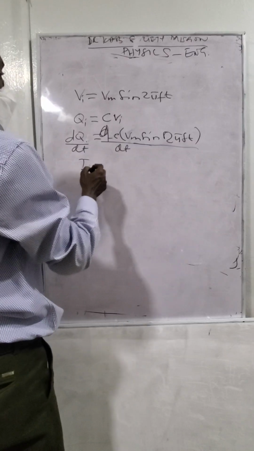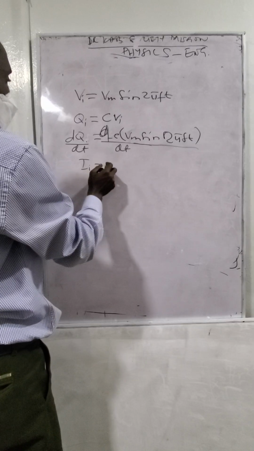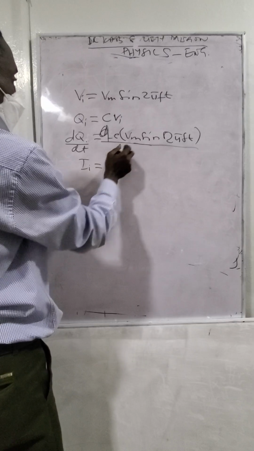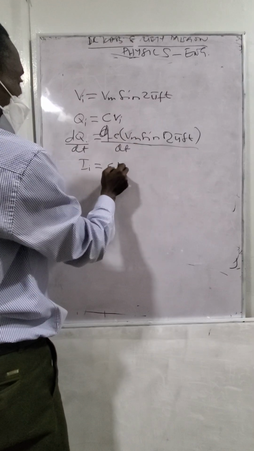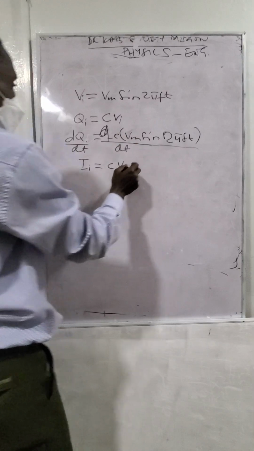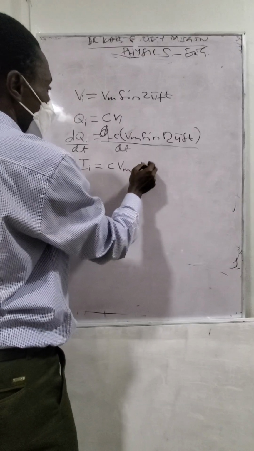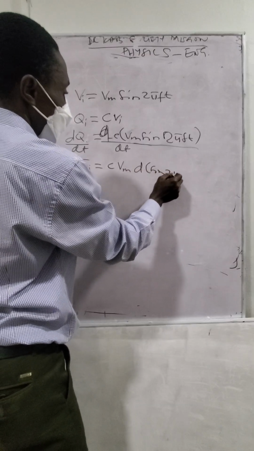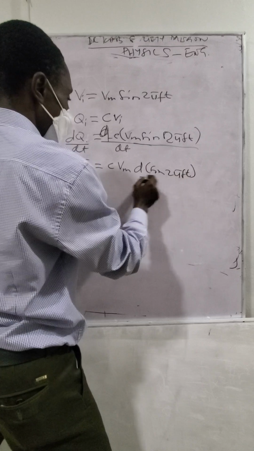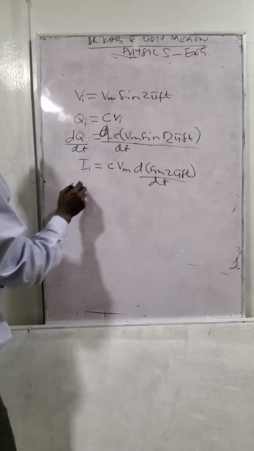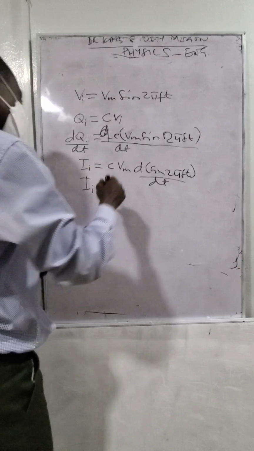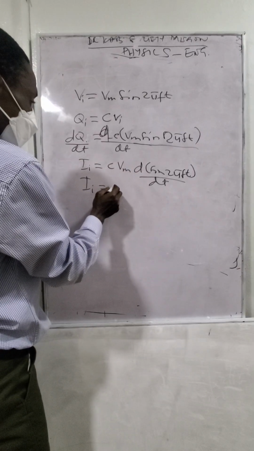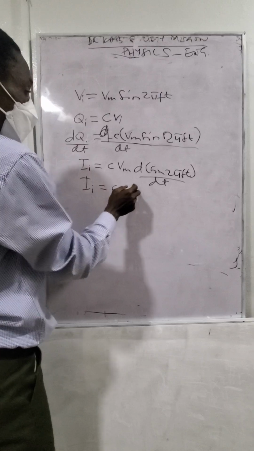In that sense, the constant C comes out, V max also comes out, and then we have the differentiation of sine 2 pi f t over dt. So I instantaneous becomes C V max.